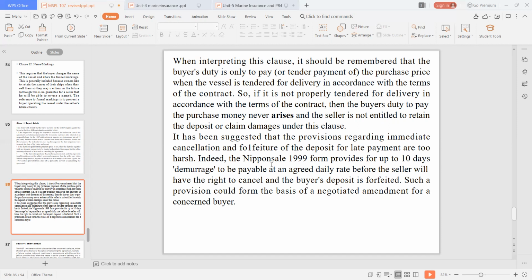So indeed, the MSPL 1999 form provides for up to 10 days demurrage to be payable at an agreed daily rate before the seller will have the right to cancel and the buyer's deposit is forfeited. Such a provision could form the basis of a negotiated amendment for the concerned buyer. So these are the things mentioned in clause 13. So kindly note it down.